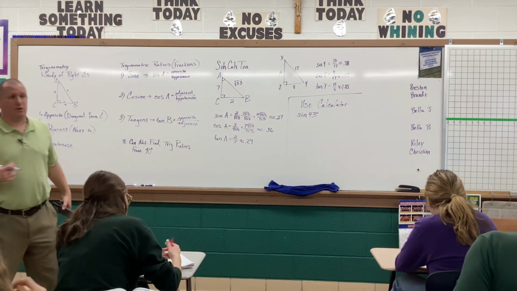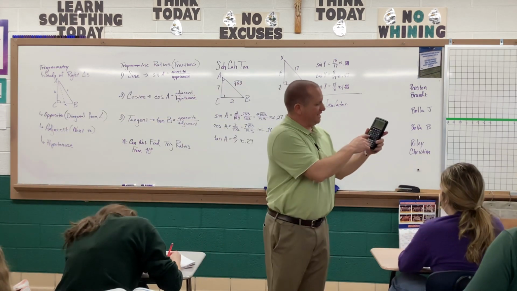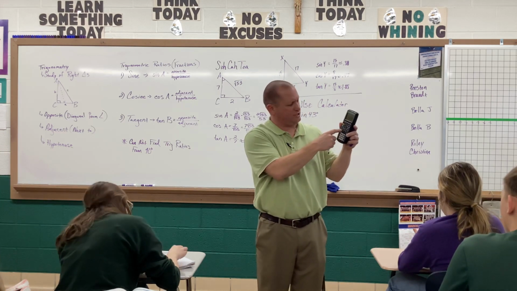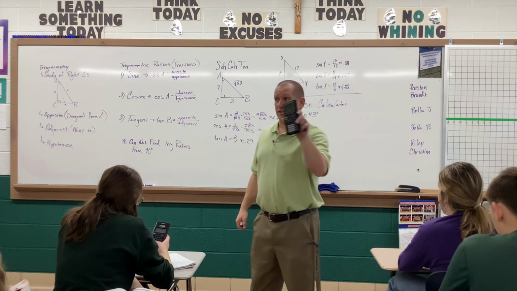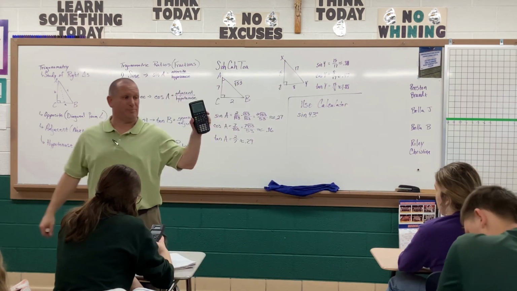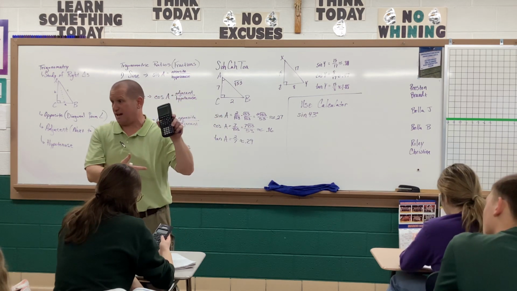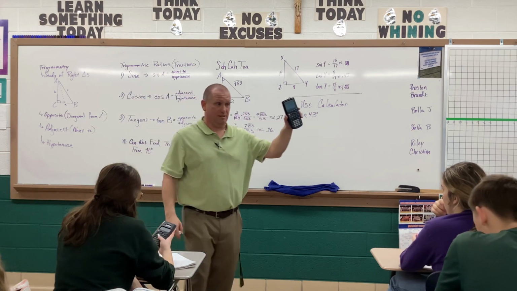So basically, most of you should now just be able to hit sine of 43. And if you notice, they gave you an open parenthesis at the beginning, but they didn't close the parenthesis at the end. I would honestly get used to closing it. Why?